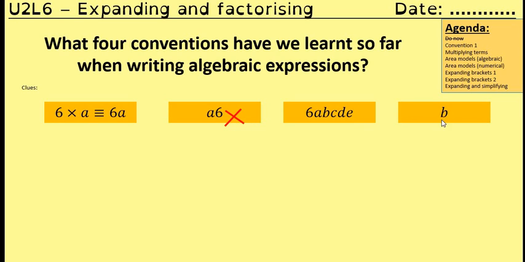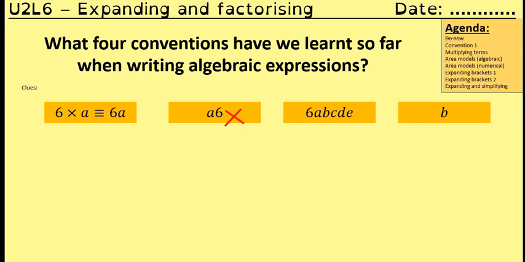And the last convention is that if we just have one of a variable, we don't need to write 1b. I just write the letter b by itself. That is one that's easily forgotten: we don't need to put the number 1 as a coefficient here. Just writing b means we have 1b.